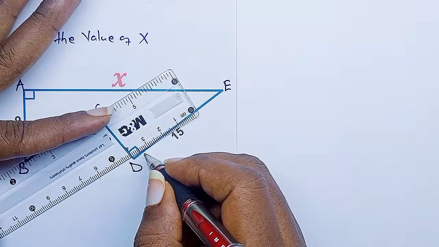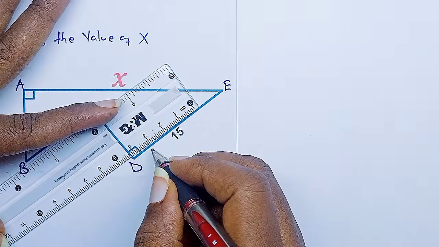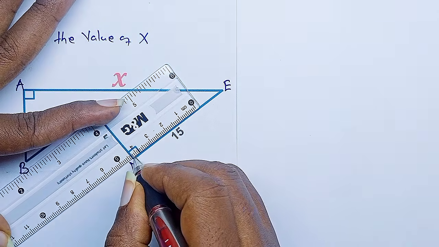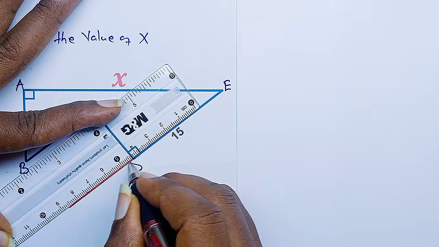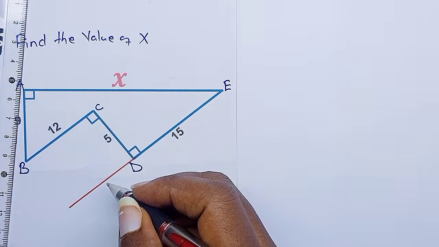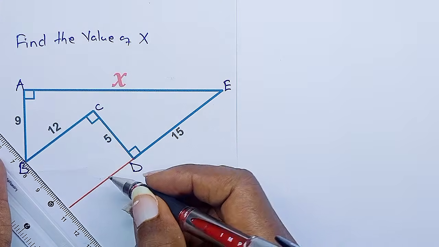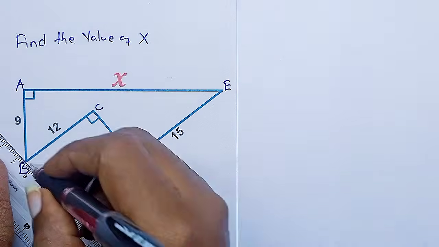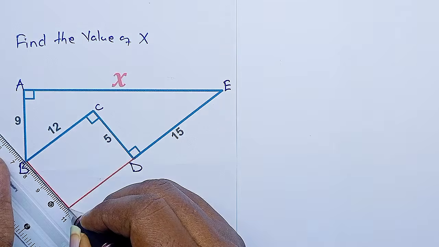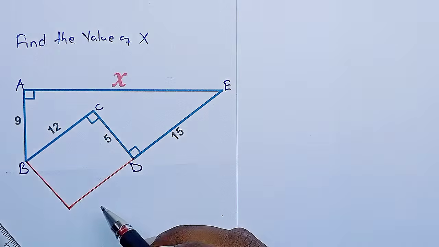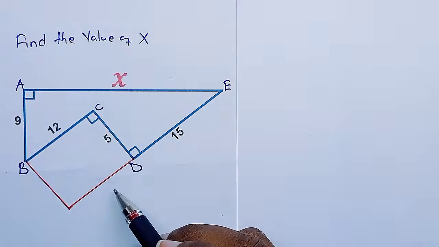So let me draw this line. Then also draw a line from point B such that this line is perpendicular to this line.